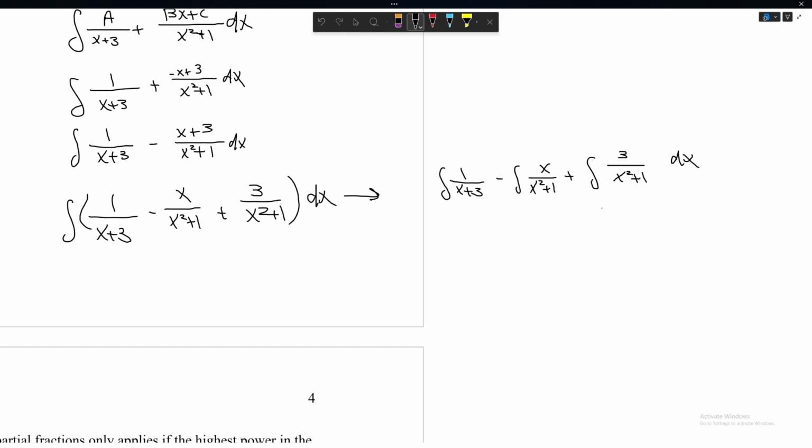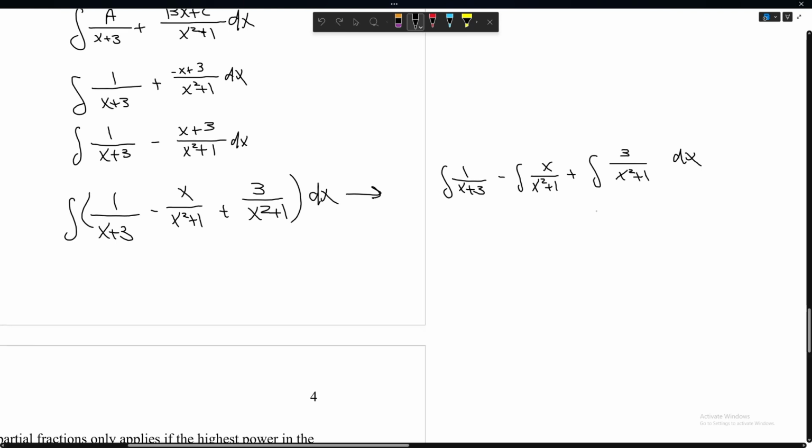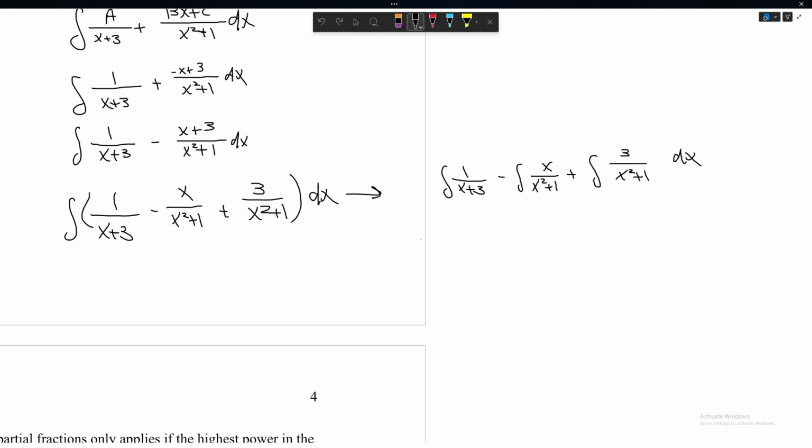So what do we do? Okay, so basically, since we've split the integral like this, I can take them one part by one. And so here, on this side, I'll just get a ln of x plus 3, right, minus. Now, since this is the quadratic at the bottom, I can simply use substitution. So u equals x squared plus 1, and my du equals 2x dx. Isolate.